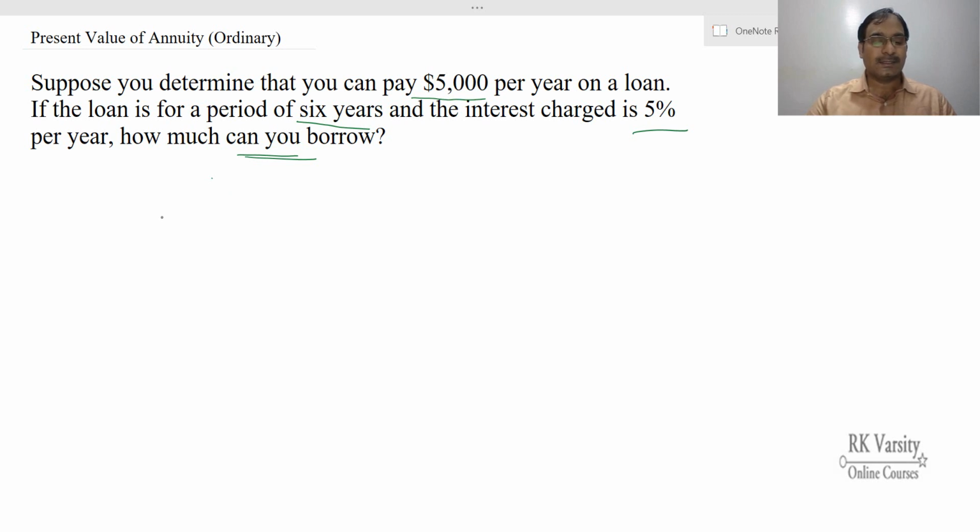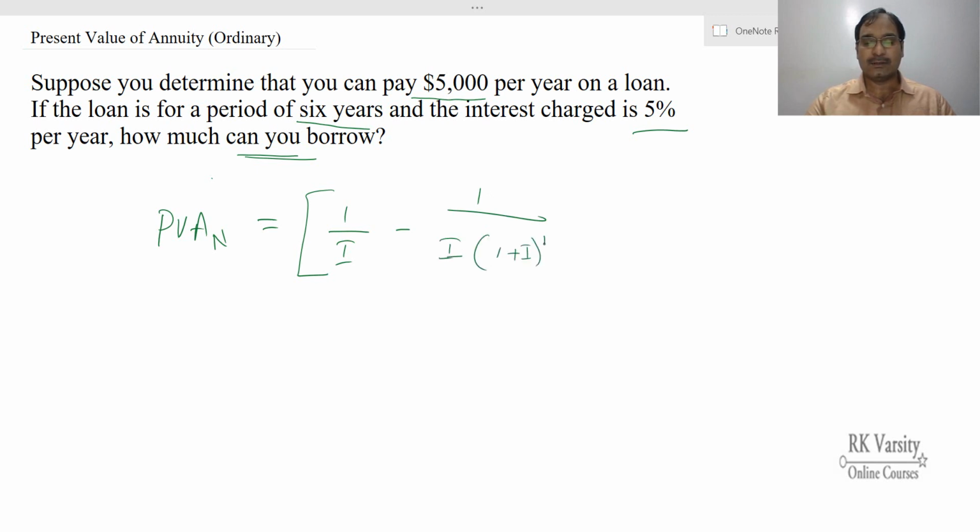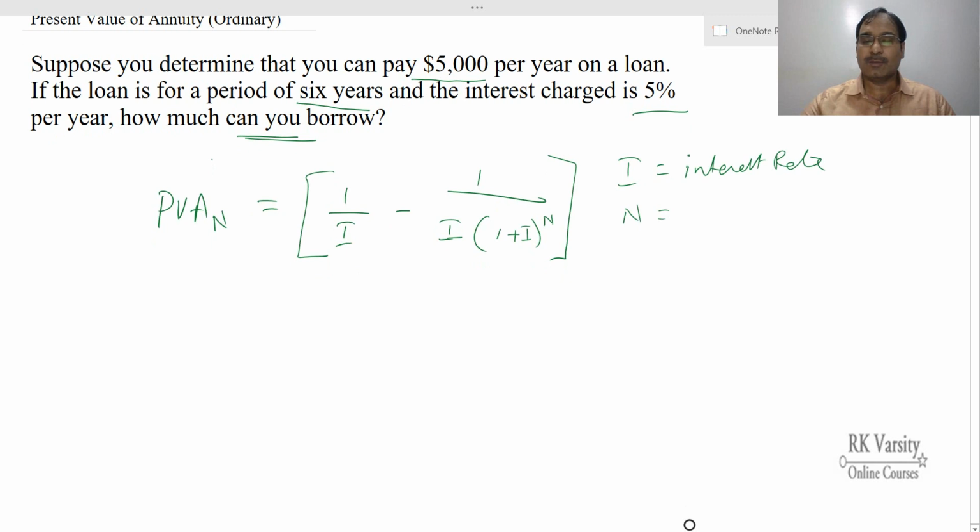Now in this case, we use a present value annuity. We call this the present value annuity factor at N. This equals 1 by I minus 1 by I times (1 plus I) to the power of N, where I is the interest rate and N is the number of periods.